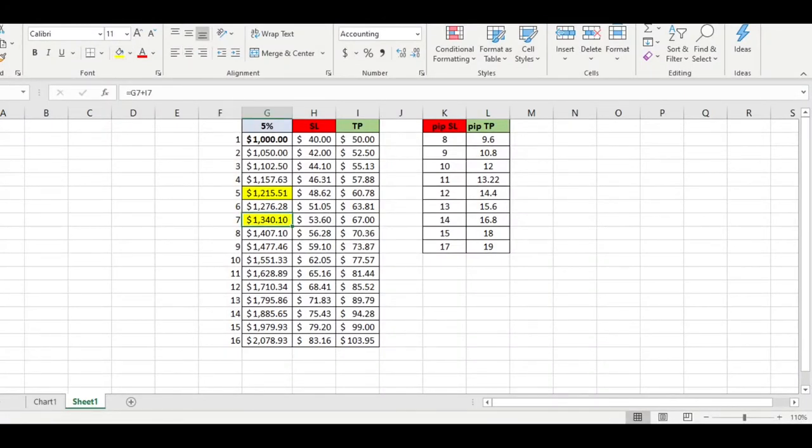We were here, we risked $48, and we made double that amount. We were going to make 60, but we made twice, because we were risking 9 pips and we made 20. So we advanced till here.